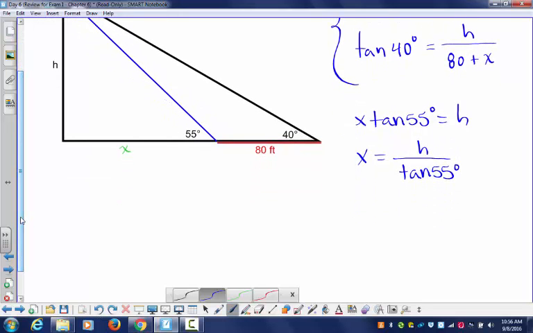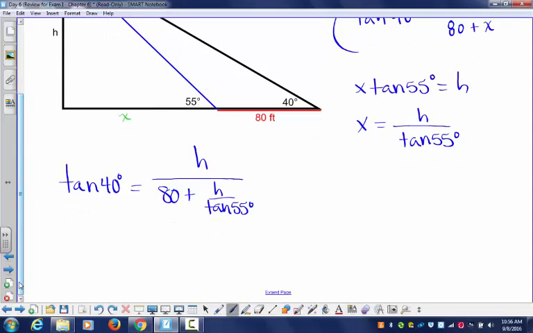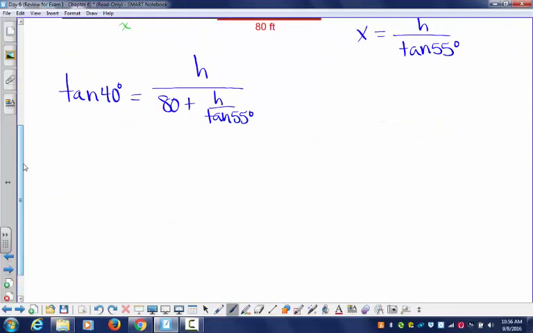So I'll take that second equation, tangent of 40 degrees, and we're going to sub out the x. Down below, it's 80 plus, and we have this. And there's lots of ways to proceed from here.